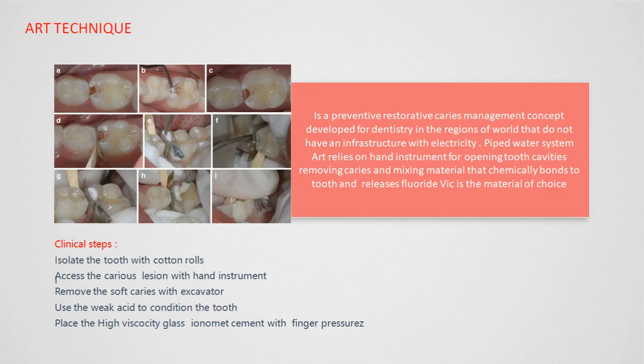In such situations, the dental caries is removed using hand instruments and then sealed off using a packable material which binds to the tooth and at the same time releases fluoride, so it prevents the caries or stops the caries. And this is mostly GIC.